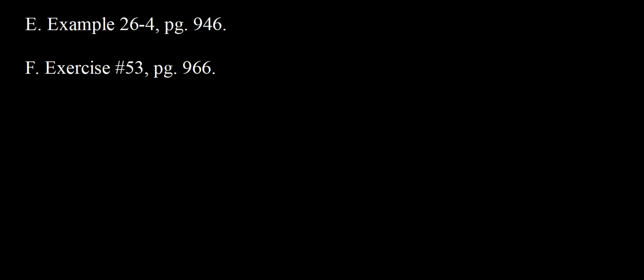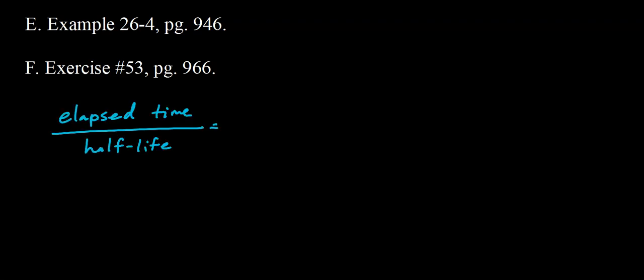Now, there's a couple different ways we can do this. In Chem 1, I gave you a couple equations. So one of them is this: if we take the elapsed time, the amount of time that a substance has been decaying for, and divide that by the half-life, which is a constant for a substance, that'll give us the number of half-lives, the number of times that substance has been halved.